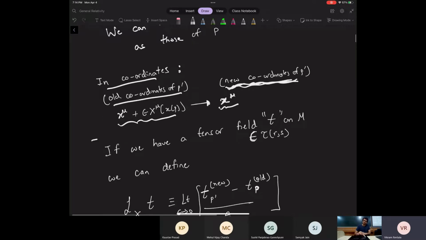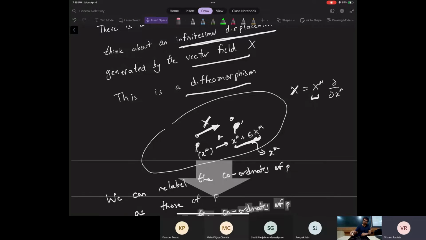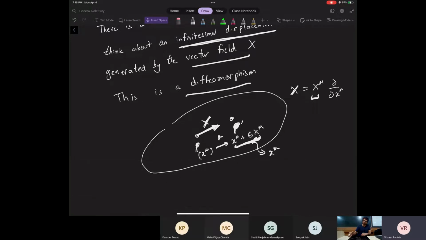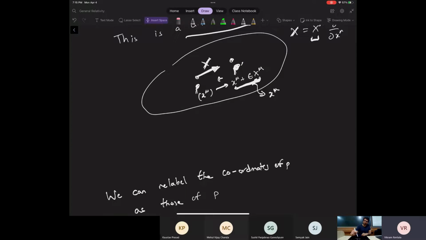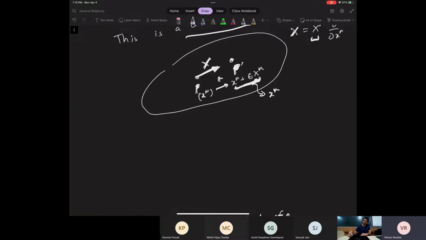So now let's consider a tensor field T on M, and this tensor is of type (r, s), so r vector-like indices, s dual vector type indices. Now you can define something interesting. We're saying that there's a tensor field everywhere.